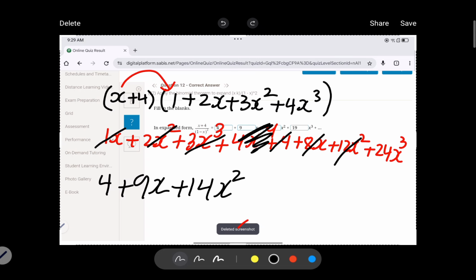Sorry, here it's 16x to the power of 3, I don't know what happened. Anyways, plus 16x to the power of 3. Sorry, 19x, because 3 and 16 give 19, to the power of 3.